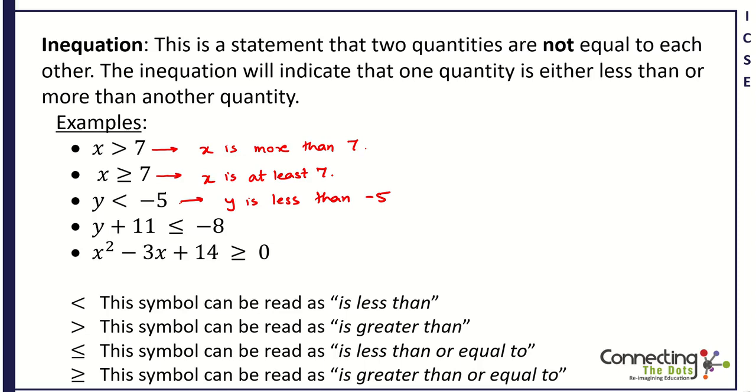And this is another example where this is a quadratic expression, x square minus 3x plus 14, and that is greater than or equal to 0. Another way of saying this is to say x square minus 3x plus 14 is at least 0. And I'm writing these words so that when you encounter such words in word problems, you will know how to interpret them.